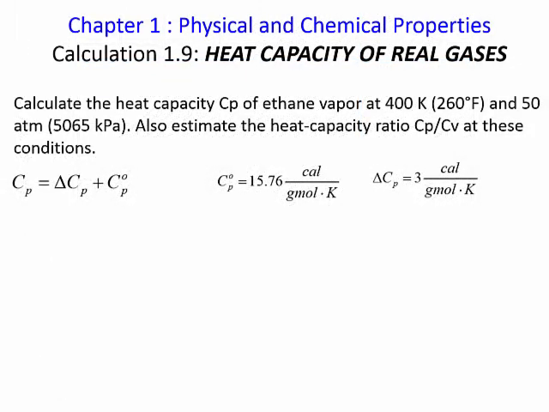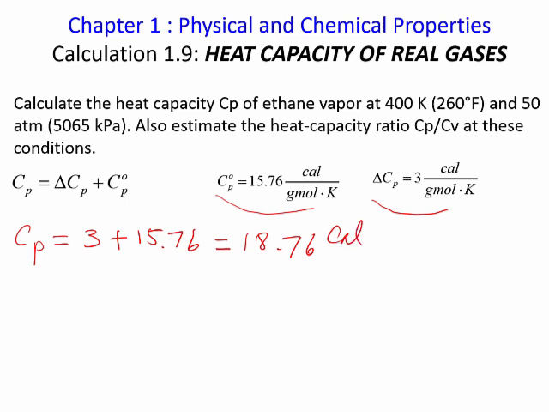Now, having calculated the ideal heat capacity of 15.76 and finding delta Cp of 3 from chart, we can calculate the real gas heat capacity for ethane vapor as Cp equals 3 plus 15.76 equal to 18.76 calorie per gram mole per degrees Kelvin.